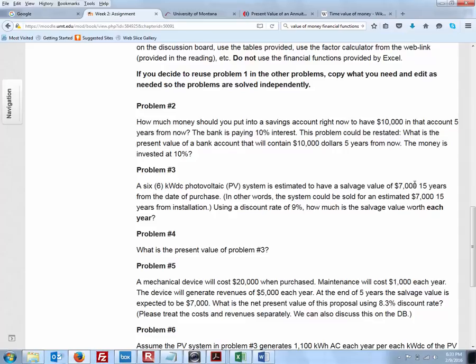Using a discount rate of 9%, how much is the salvage value worth each year? 15 years. Let me think about this. Each year.